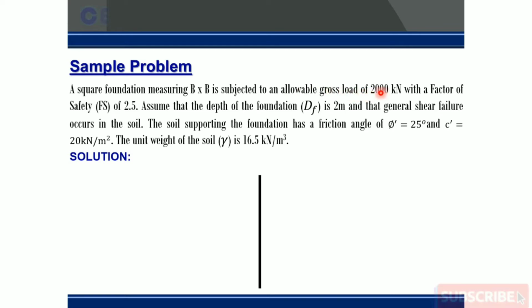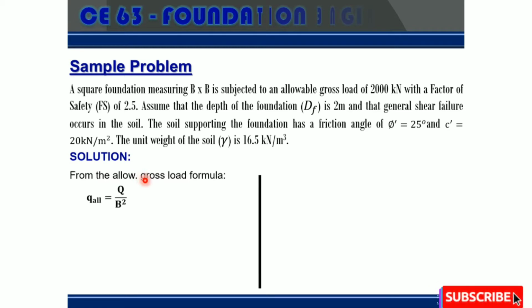So this 2000 kilonewton is our Q allowable, and our Fs is 2.5. From the allowable gross load formula, we have Q allowable equal to capital Q over the area of the square foundation, B squared.